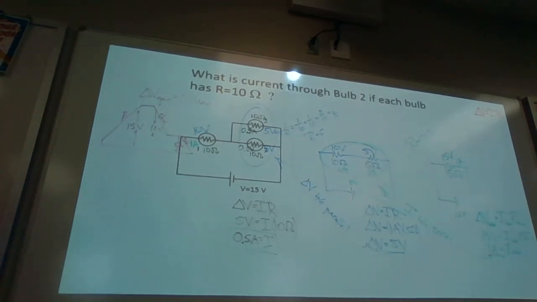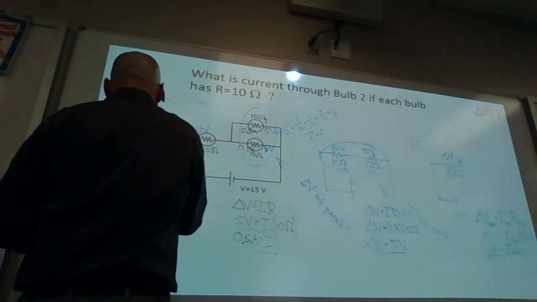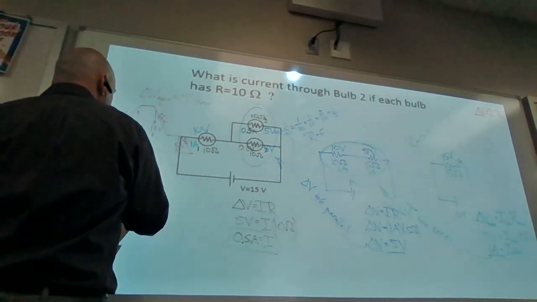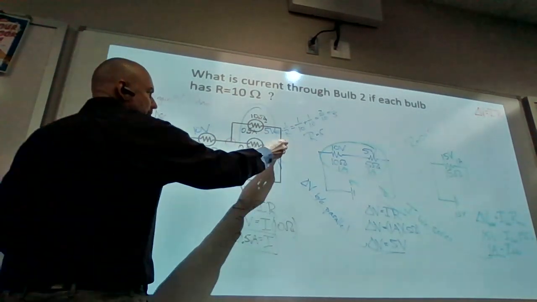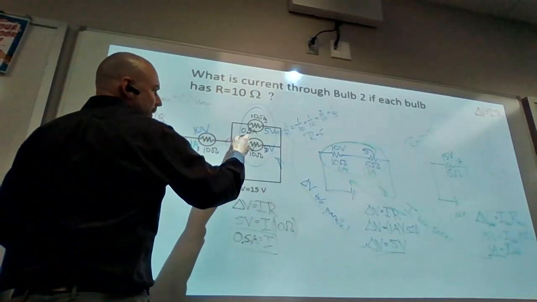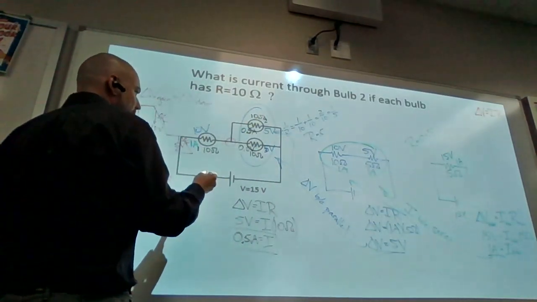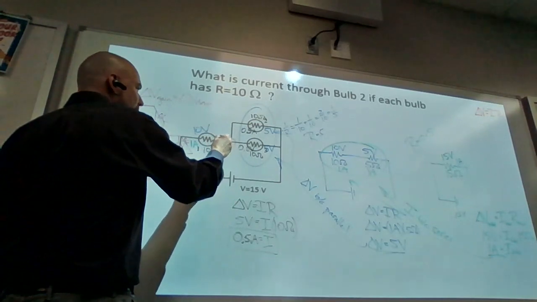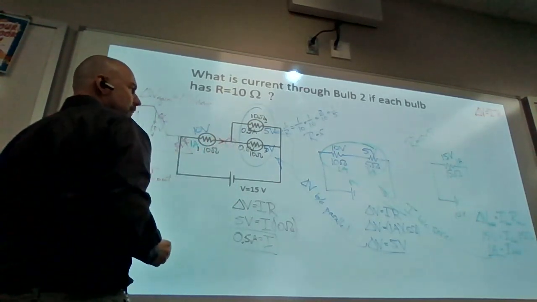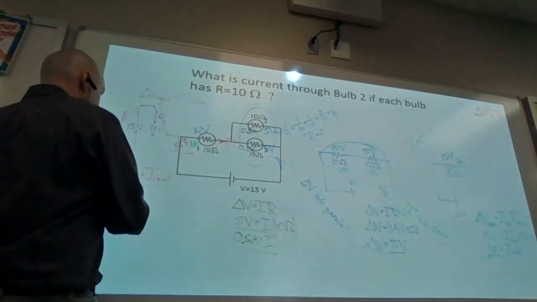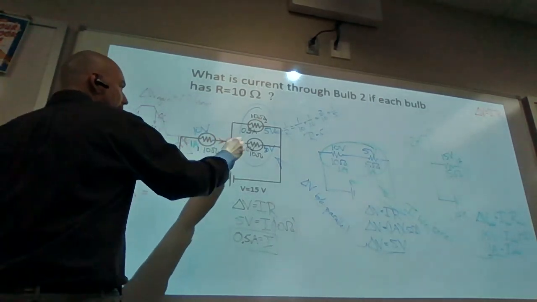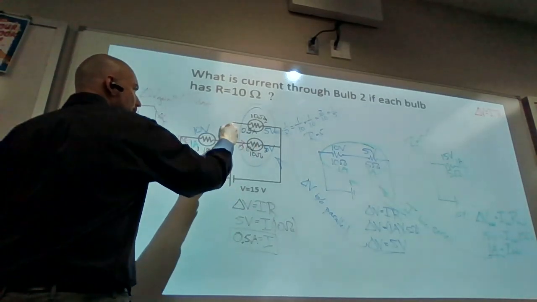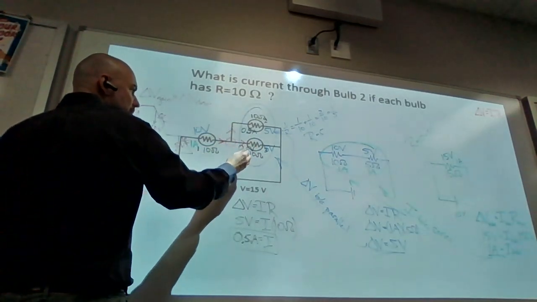Okay. Kirchhoff's junction rule says this. The current in equals the current out. The only junction is really here. There's one right there too, but it's identical in terms of what's going in and out. So here we've got current in going this way. Current in is 1 amp. Current out, both of these are going out of that junction.